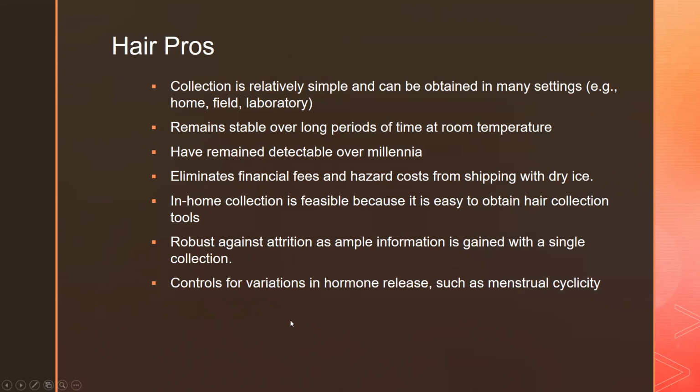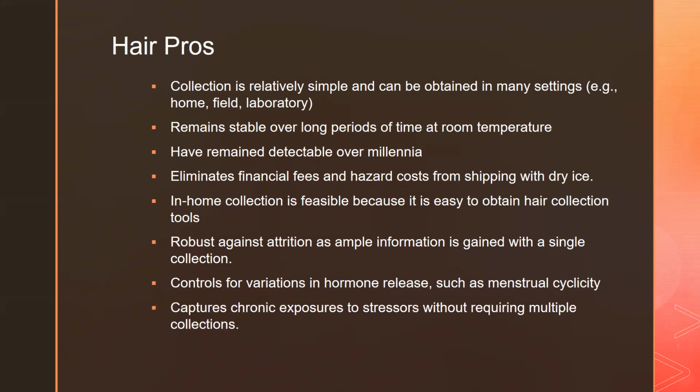One good thing is that it controls for variations in hormone release, such as menstrual cycles. So when we talk about diurnal hormones, we'll continue on this. But one of the things oftentimes that you'll have to control for whenever you're doing reactive hormones or diurnal hormones is making sure that you have a basal day or a base day to compare it to. And you don't need that with hair.